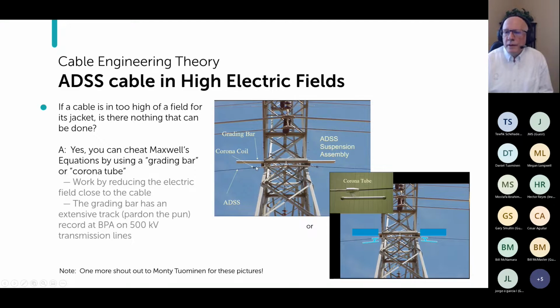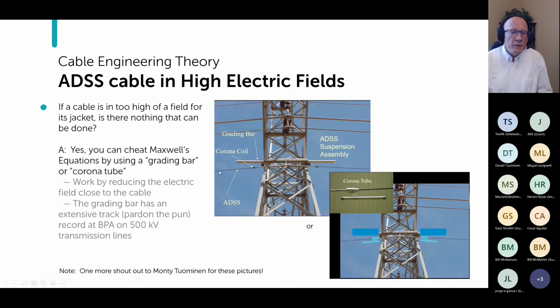And a variation of that theme is a corona tube. Basically, it's designed to go on the tips as a replacement for standard corona coils. And this bar down here, you connect it to the armor rods at the tip. This is basically grading the field so that you don't exceed the field strength of the cable itself.